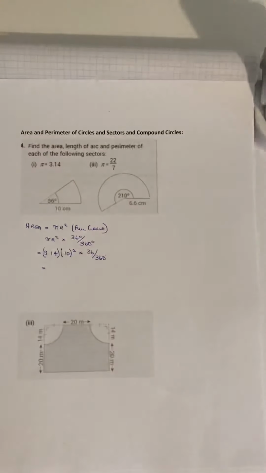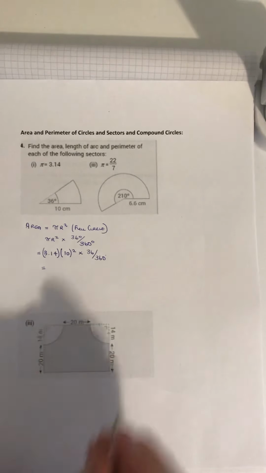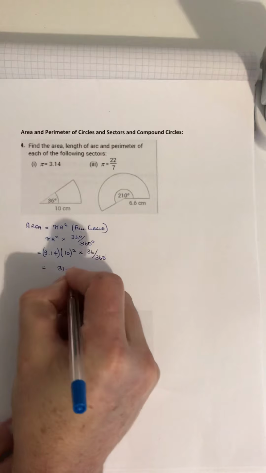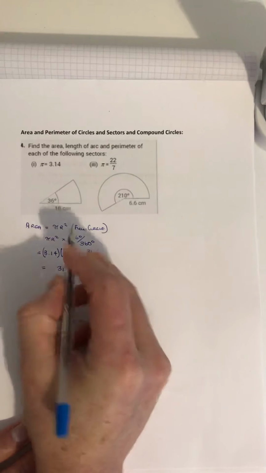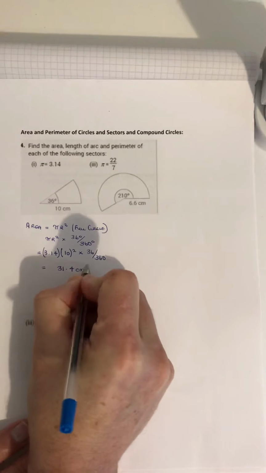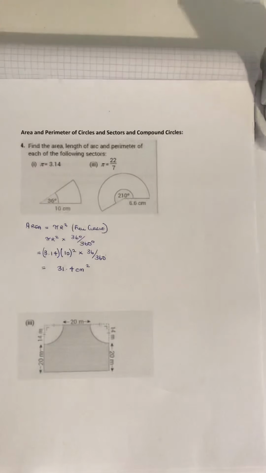And use your calculator so you don't go wrong. So 36 over 360 is equal to 31.4, and it's in centimeters squared.